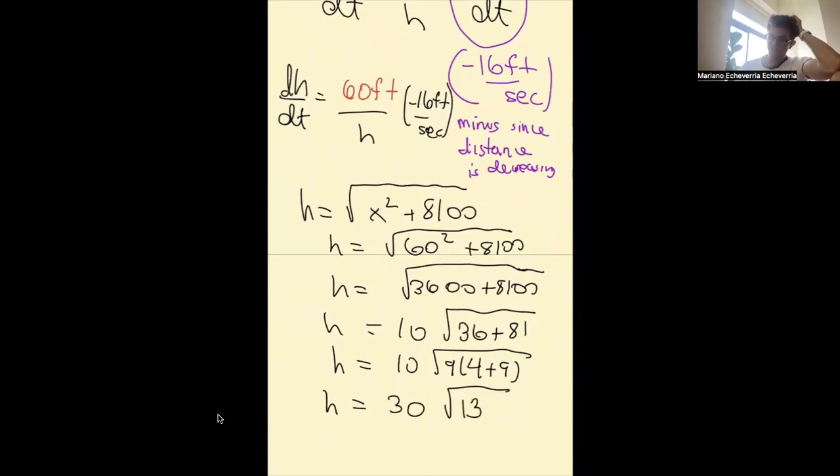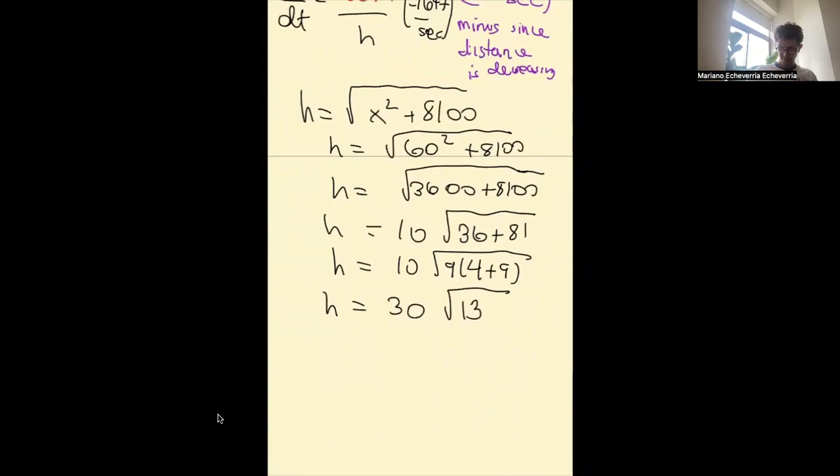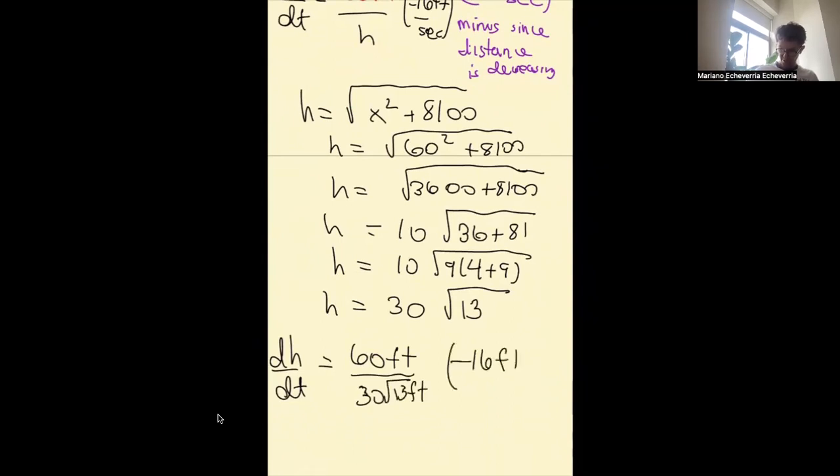So h is 30 times square root of 13 feet. So dh/dt is 60 feet over 30 root of 13 feet times minus 16 feet per second.